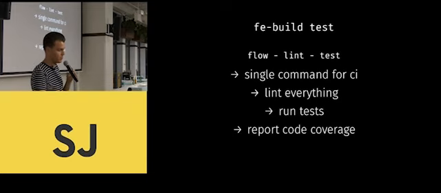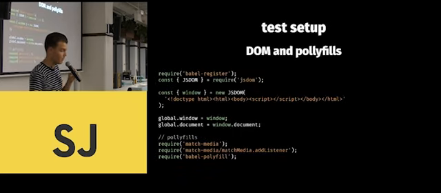The other thing FE build provides that you'd have to set up otherwise if we didn't have FE build is our test environment. So we use Mocha and Chai, and here we've got some tests set up for setting up a JS DOM for Enzyme, and some polyfills for that browser environment that we'd be using in Node, and that's something that FE build provides out of the box as well.